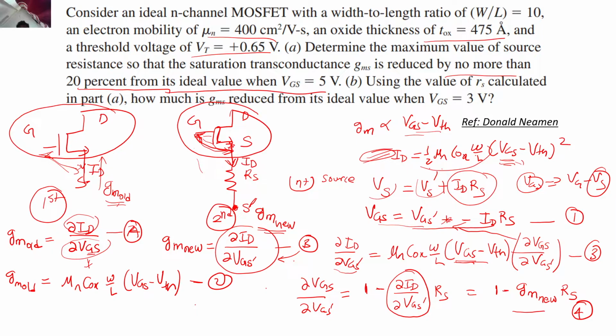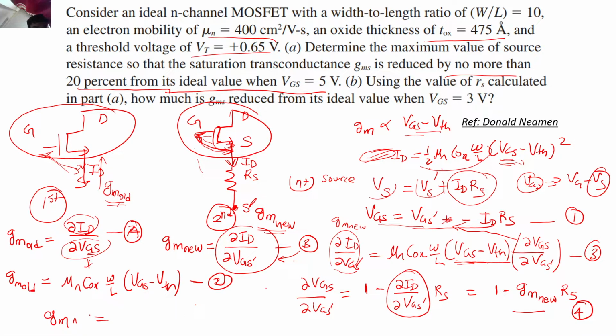So equation number 3, if you look over here, this is ∂Id by ∂Vgs, again it's gm new. I will write it in the bottom. gm new will be what? This is mu Cox W by L times (Vgs minus Vth), which is your equation number 2. This is your gm old actually.